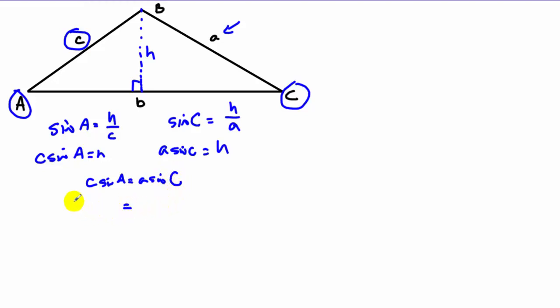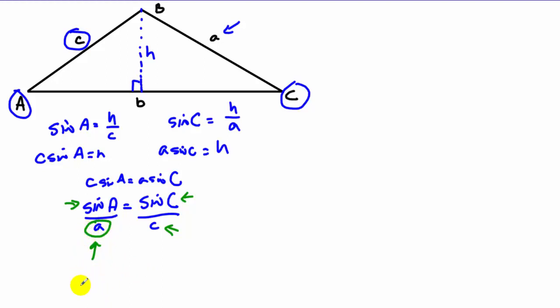And again, with a little division property, I can say the sine of A over the side a is equal to the sine of C over c. And what that does is it now gives me one equation in which I have 3 of the terms, and I'm only missing 1.